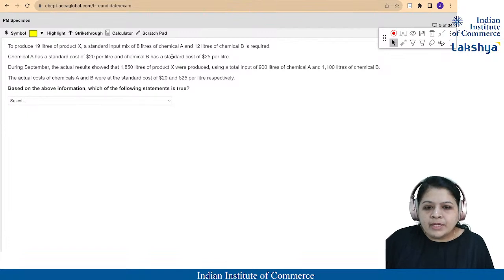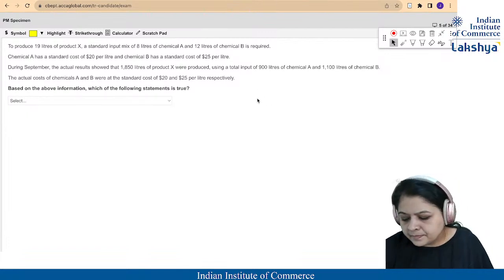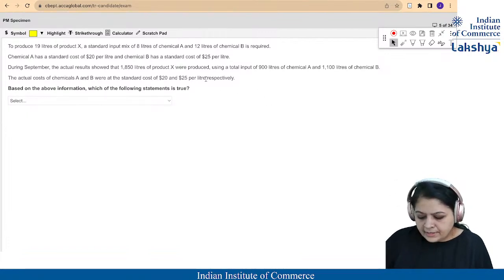Now, what does that mean? That means that there is a wastage of 1 liter.